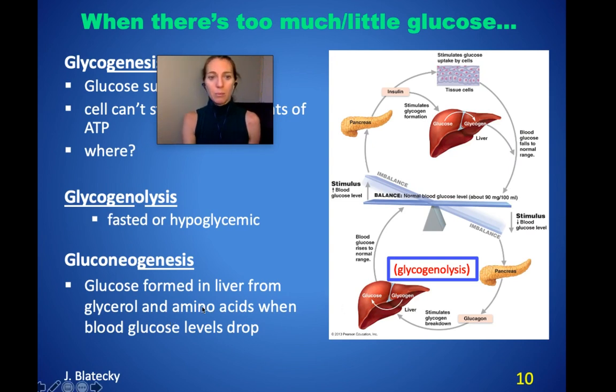It may surprise you, but you actually get more sugars made from the amino acids than you do from the glycerol. A case where you would have gluconeogenesis occurring would also be if you are fasted or if you are not taking in many carbohydrates. With the ketogenic diet or just a really, really low carb diet, your body may very well be doing this.